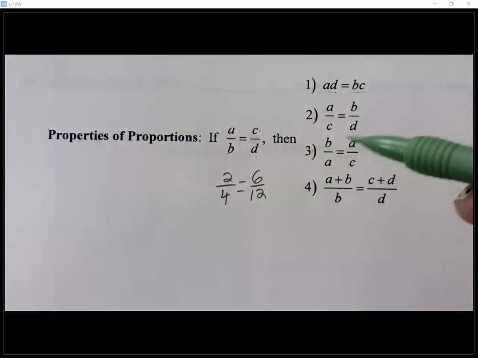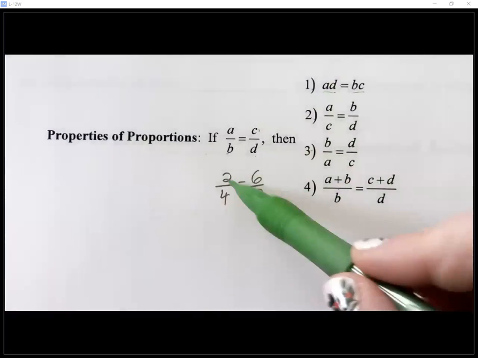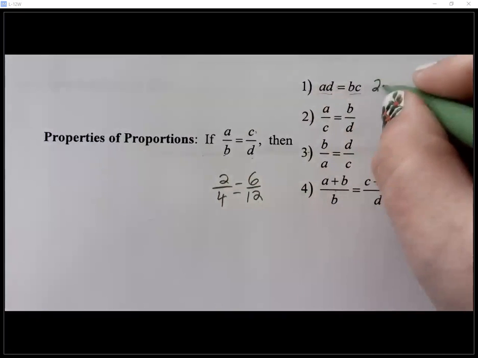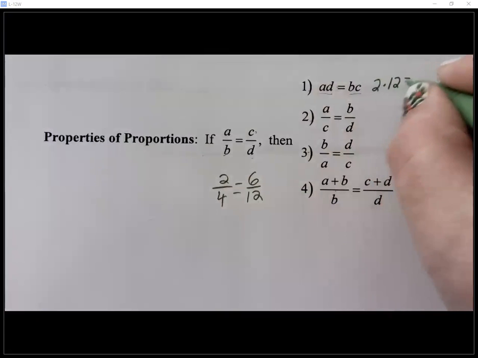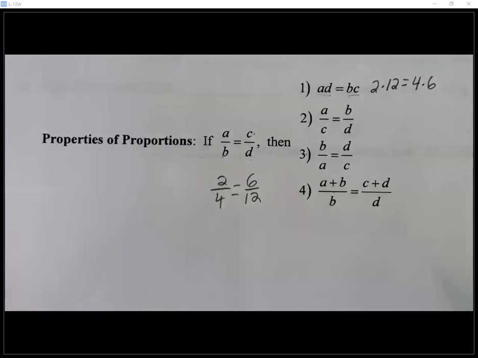So let's try it. If I multiply the diagonals, that would be 2 times 12, which in my example is supposedly equal to 4 times 6. Is that in fact true? Yeah, it is, right? 24 really does equal 24. So yes, that is absolutely true.